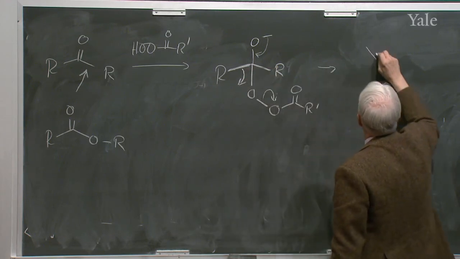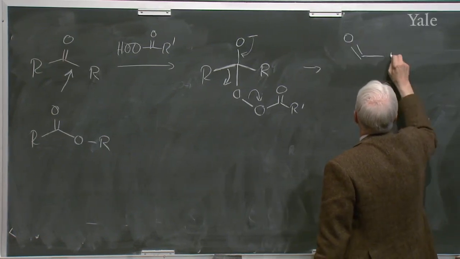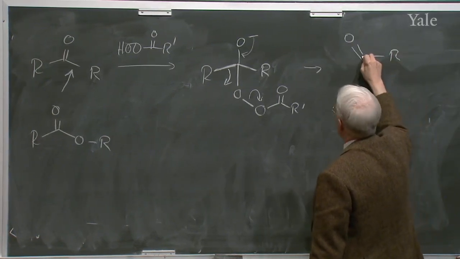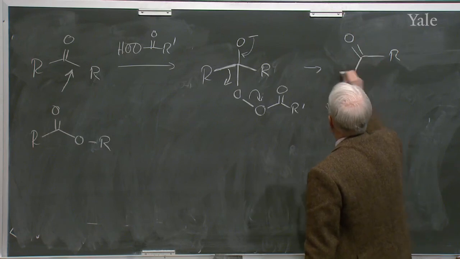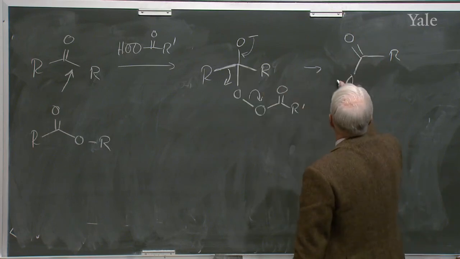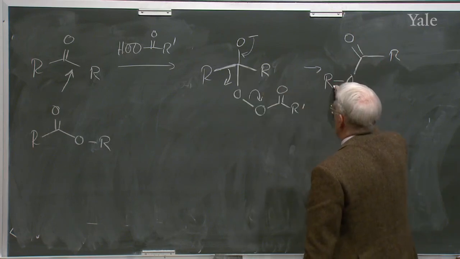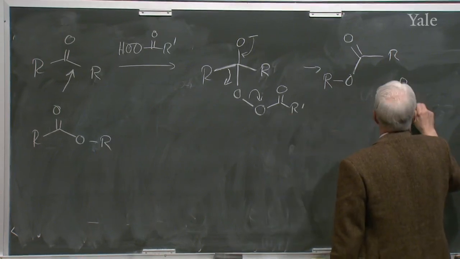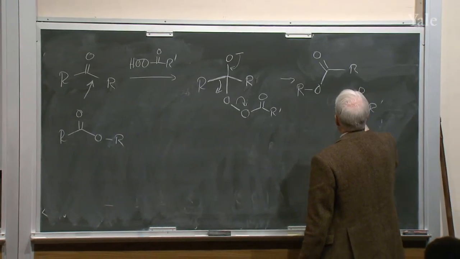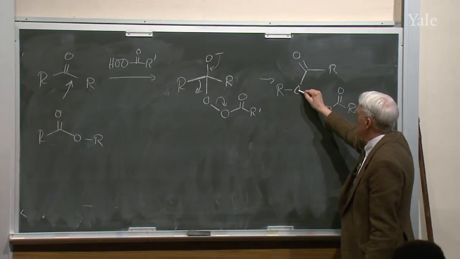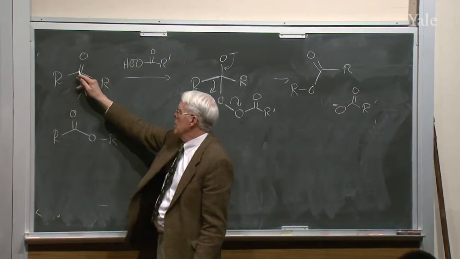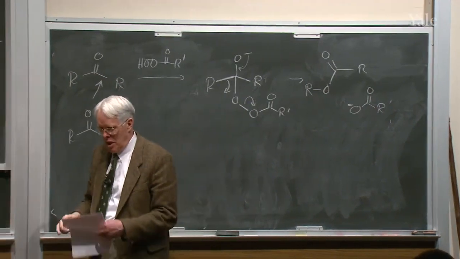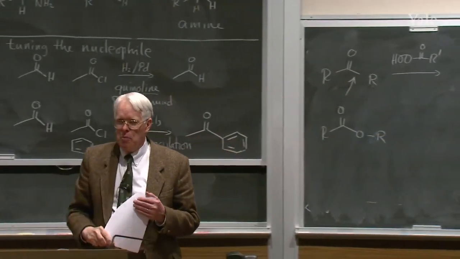So we have double bond O at the top, R. And now what's attached here is O, this O. And attached to that O is the other R. And this good anion has left. Right? So we ended up by inserting an oxygen into the C-R bond. And we're going to talk more about that next time.